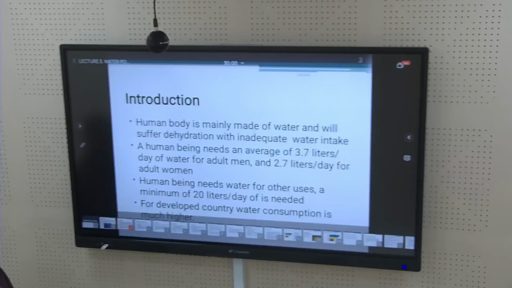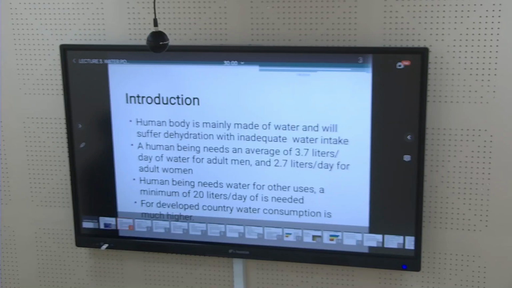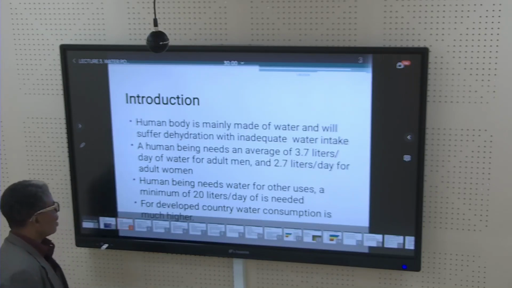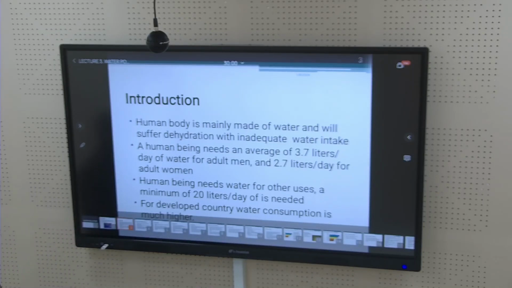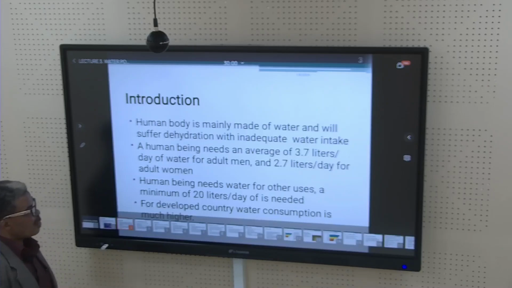Human body also is mainly made of water, and we suffer dehydration with the inadequate water intake. If one lacks water, we won't survive. A human being needs an average of 3.7 liters a day for water for an adult man, and 2.7 liters per day for adult women.